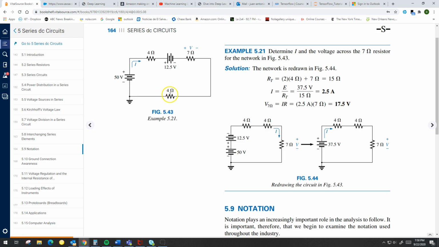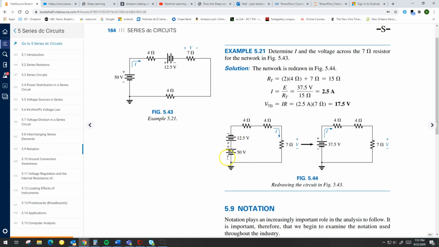Now resistance doesn't matter because resistors don't have polarity, but in the case of batteries, it's important that you keep the polarity. So that's what we did here. We just swapped the 12.5 volt source with the 4 ohm resistance and came up with this circuit. By doing this, now you can combine these two batteries into one battery, because now they're subtracting from each other.